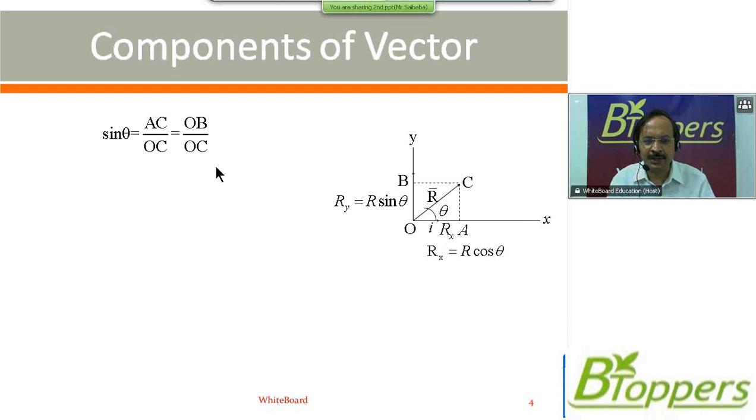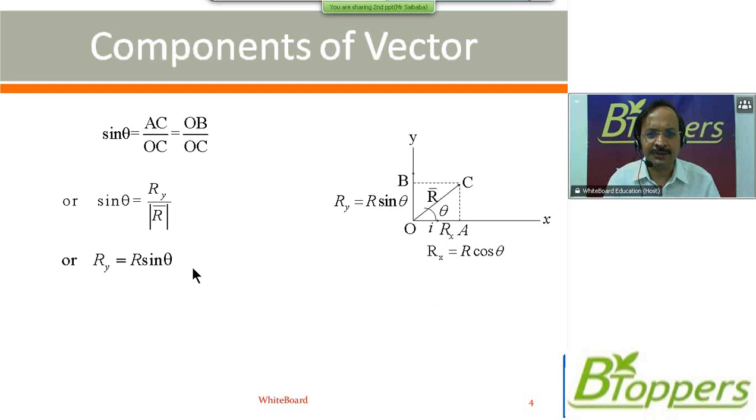So you can write sin theta equal to OB by OC. Now OB gives you Ry, length of line OC equal to mod of R bar. So sin theta equal to Ry by mod of R bar, or you can write Ry equal to R sin theta. So Rx equal to R cos theta, Ry equal to R sin theta.